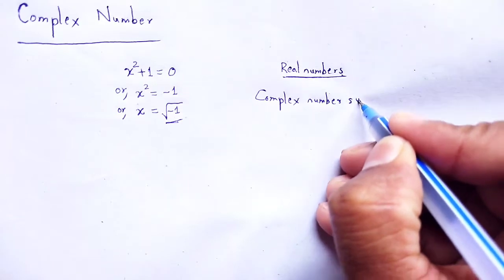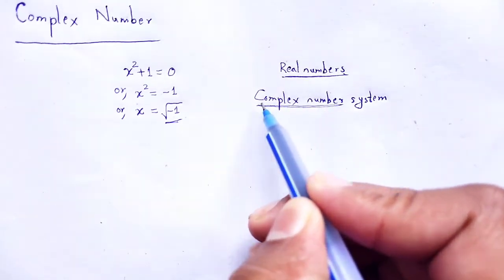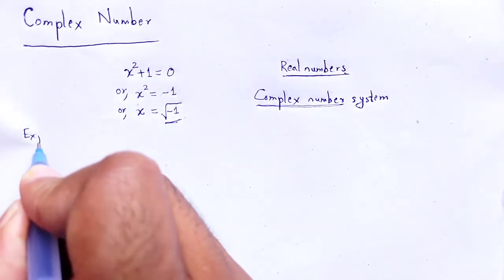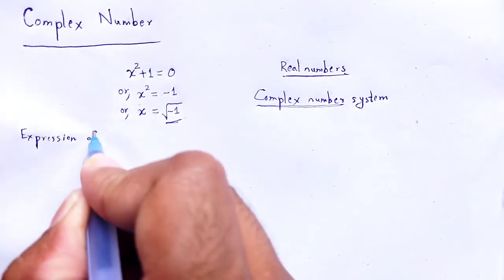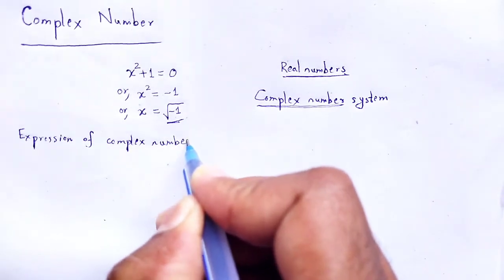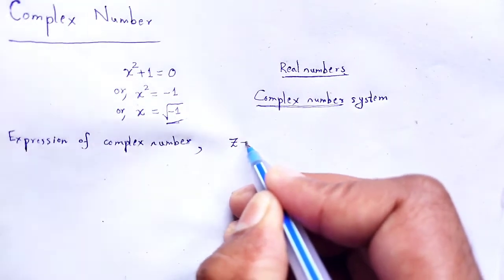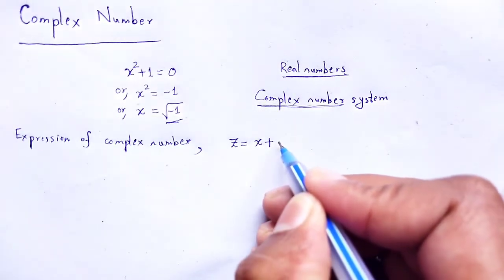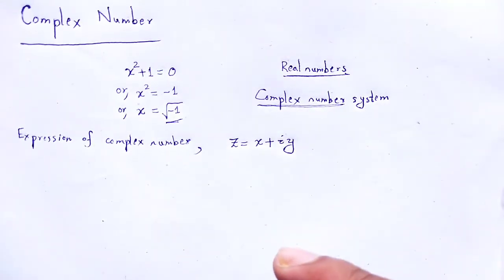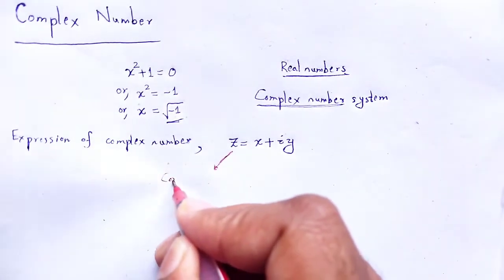We can express a complex number as z is equal to x plus iy. Here z is the complex number.